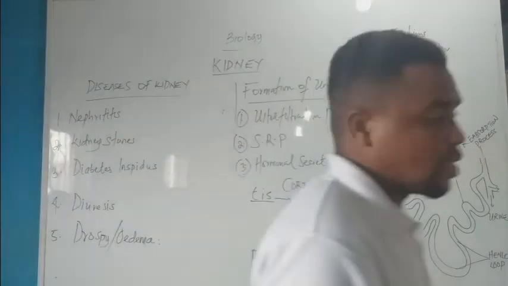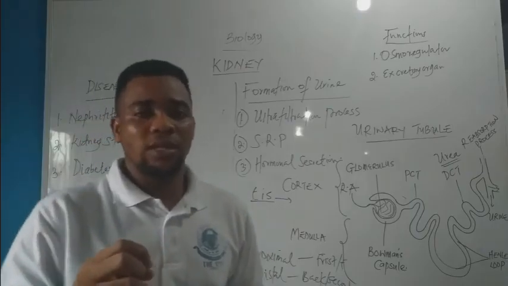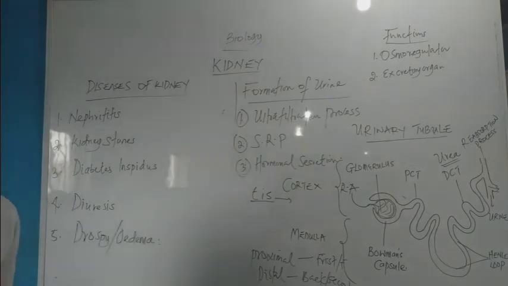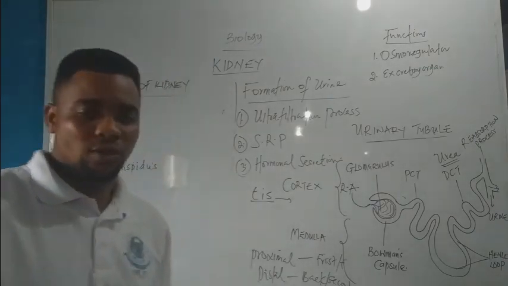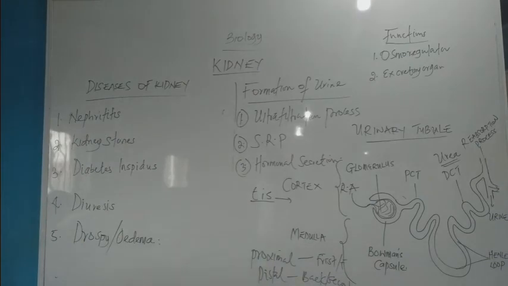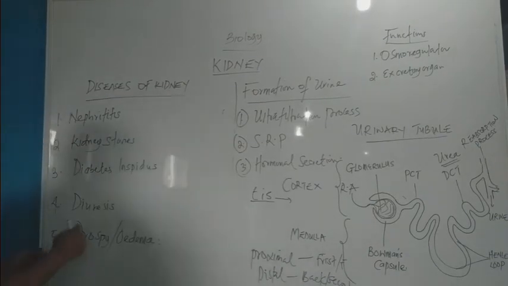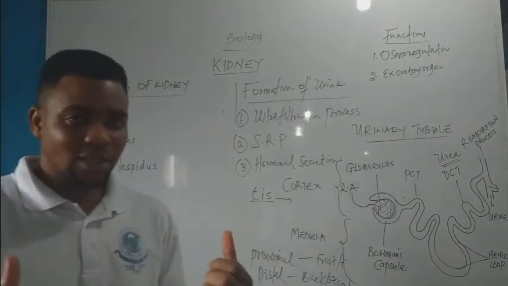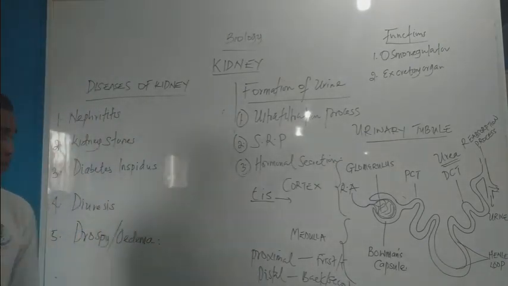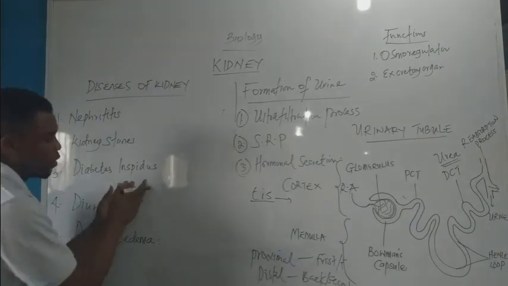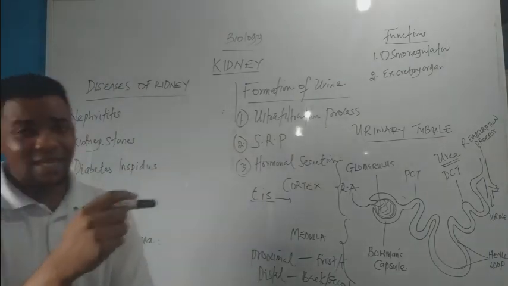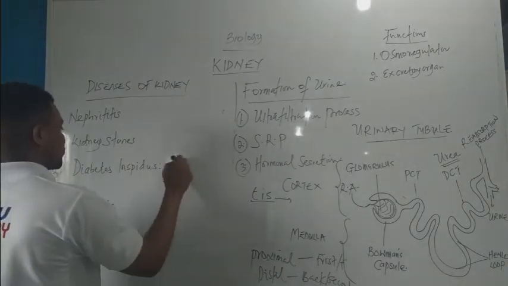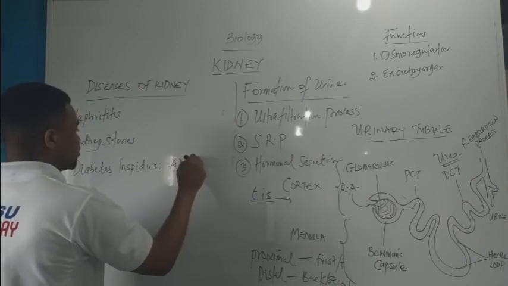Now the next one is what? Diabetes insipidus. Diabetes insipidus is a medical condition. Okay, the next one is what? Diabetes insipidus is almost similar to diabetes mellitus, but here it is the inability of the body to produce antidiuretic hormone, ADH.